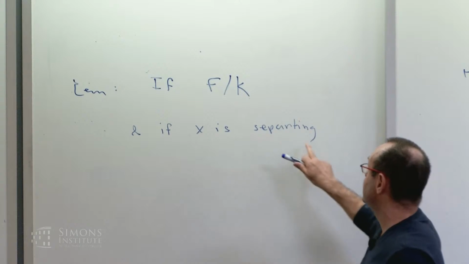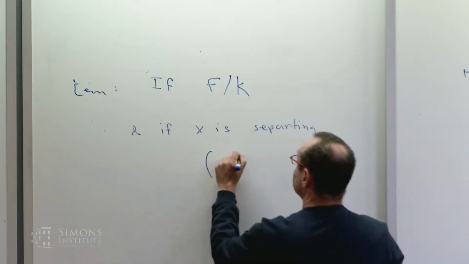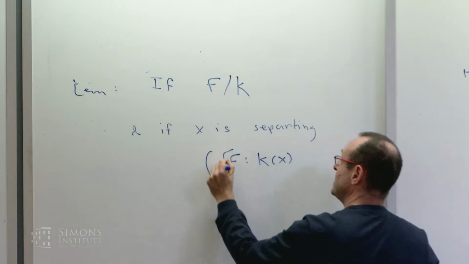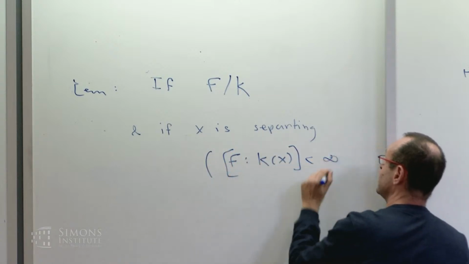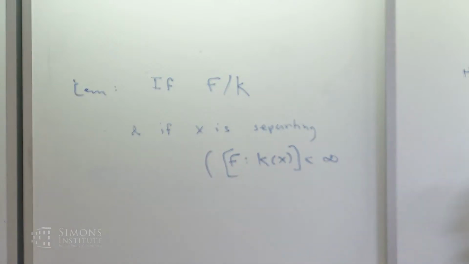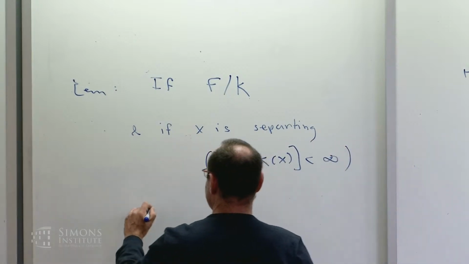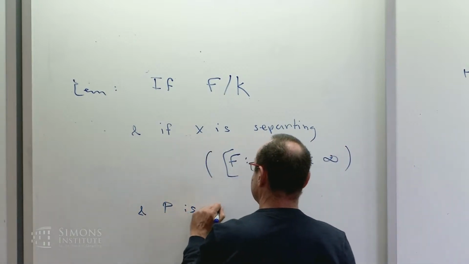And x is separating if when we add x to the base field, we get a finite extension. Okay?